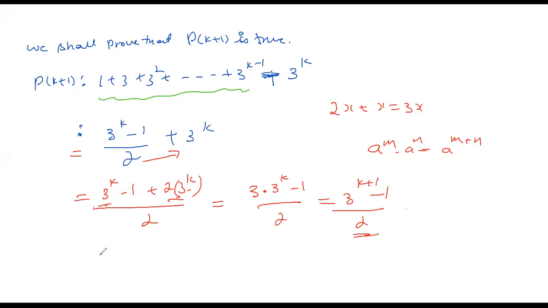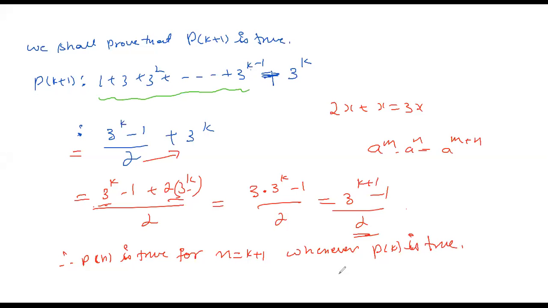So what is the conclusion? Therefore, P of n is true for n is equal to k plus 1 whenever P of k is true. Maybe in your school they teach n is equal to m, n is equal to m plus 1, n is equal to k, or n is equal to k plus 1; both are the same.